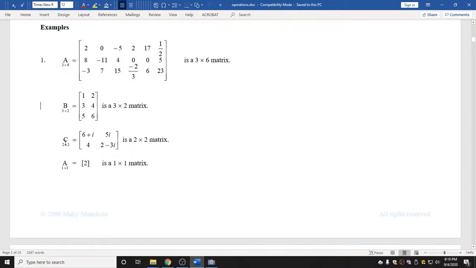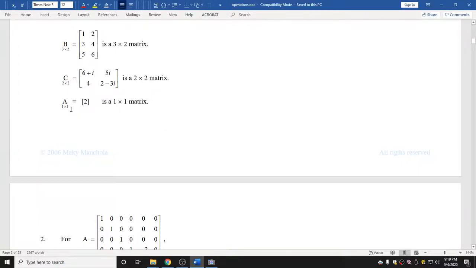C is a 2 by 2 matrix. Its entries are c11 equals 6 plus i, c12 is 5i, c21 is 4, c22 is 2 minus 3i. And finally, this matrix A, which is a 1 by 1 matrix, is the matrix that contains the number 2.